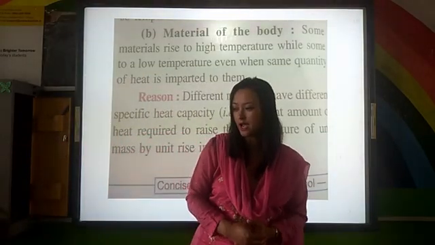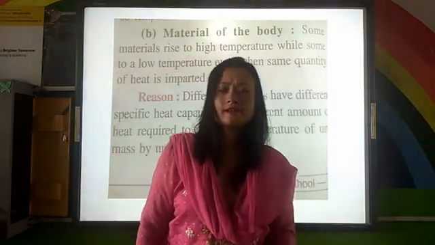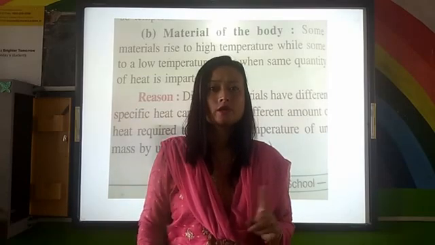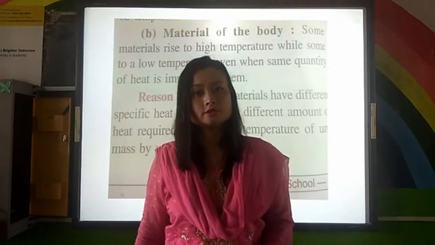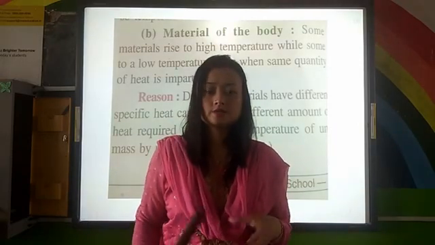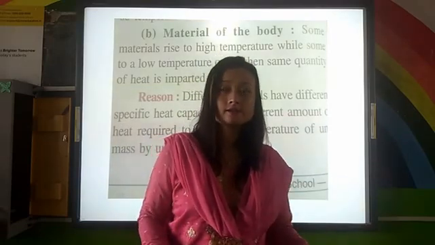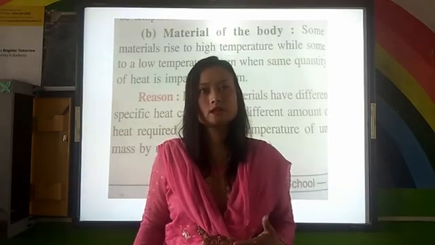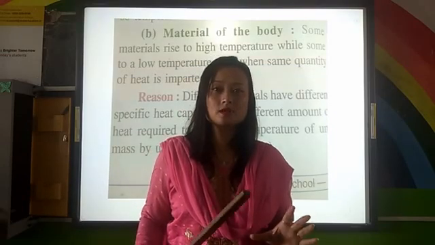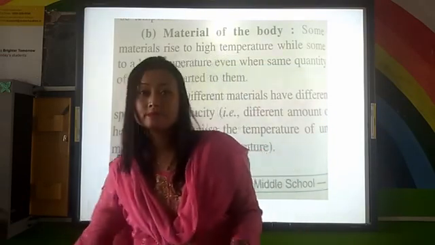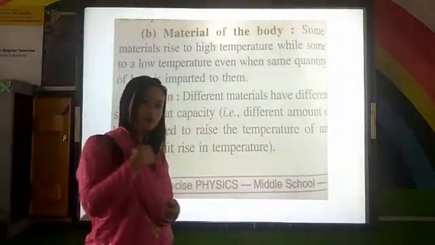If you supply the same amount of heat to an iron nail and a wood, they'll respond differently. In the same way, if you take iron or steel, they will also respond differently to the same amount of heat because the material is different. So this is what we meant by material of the body.